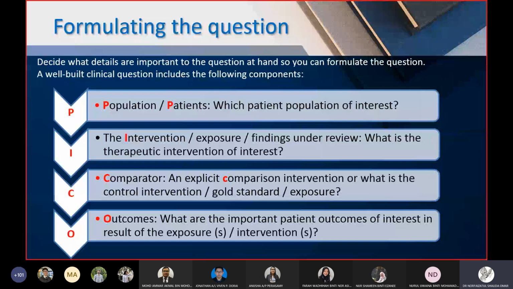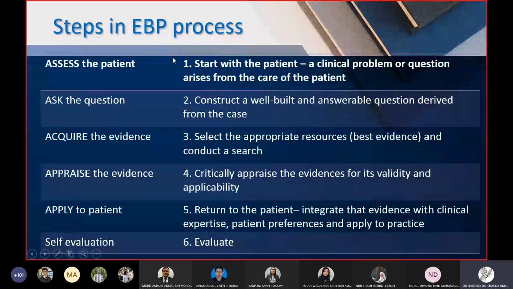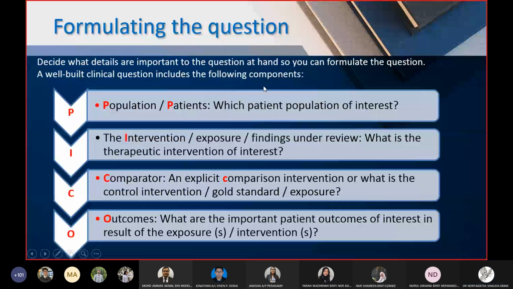What are the important patient outcomes of interest as a result of the exposure? So when you assess the patient, ask these questions. These are the things that are required when you are formulating the question. This one I will also explain further after this.